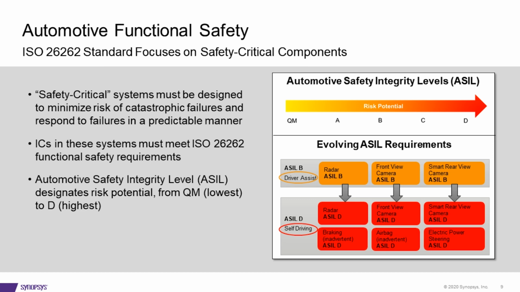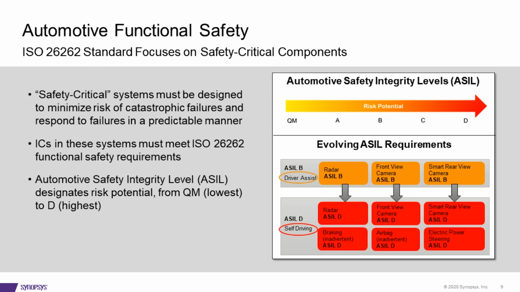Where you fit in terms of which level of ASIL certification is required really depends on how critical that application is to, for instance, maintaining or preserving life in an accident, or creating a system that will prevent an accident from happening in the first place.